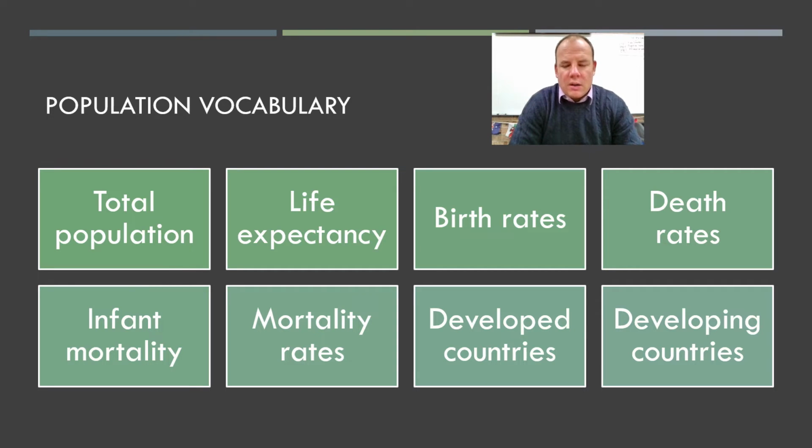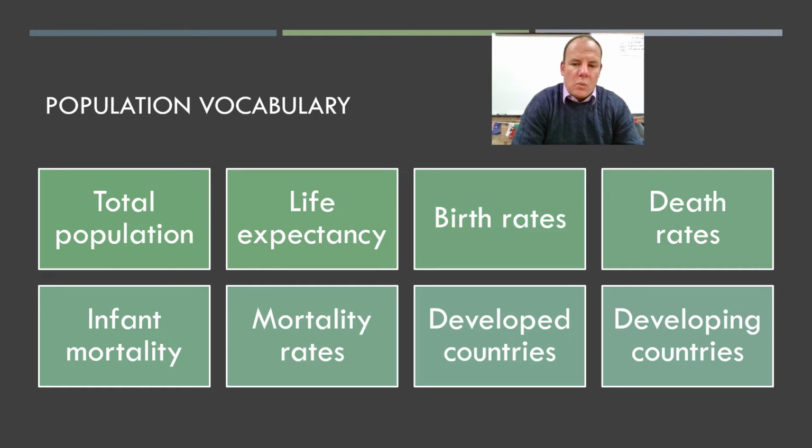Birth rates are the number of babies being born per thousand women per year. Death rates is the number of deaths per thousand per year. Infant mortality is the number of children who die before the age of 5. And mortality rates are similar to death rates in that we have the number of people dying per thousand.